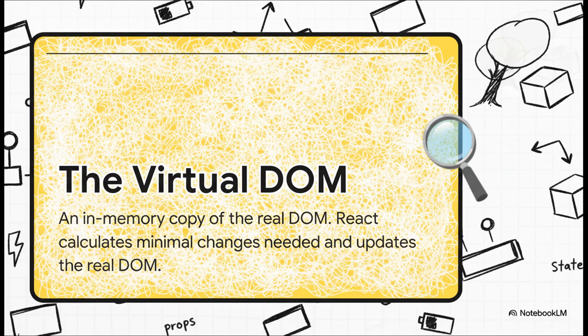See, talking directly to the real browser DOM is slow and expensive, so React doesn't do it unless it absolutely has to. Instead, it keeps this lightweight copy, this blueprint of the DOM in memory. When state changes, React figures out what needs to change on its virtual copy, compares it to what it was before, and calculates the absolute most efficient way to update the real browser DOM. It's this reconciliation process that makes React feel incredibly snappy.